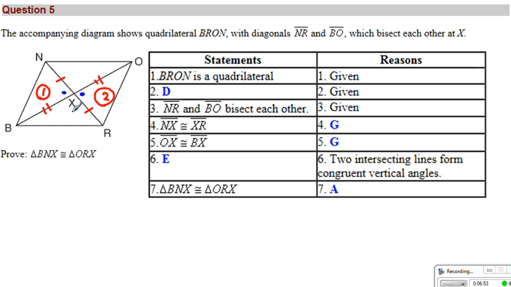So, first statement was that this is a quadrilateral. That's great. Now, our second statement which we have to realize was NR and BO are diagonals. So here, what we have to write is NR and BO are diagonals.